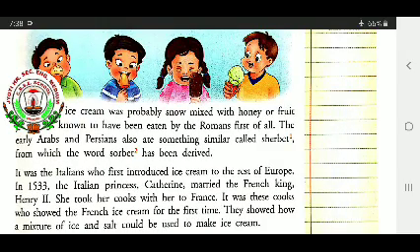Next, about the Italians, who were the first to introduce ice cream to Europe. Then, in 1533, after marriage, when Princess Catherine came to France with her cooks, people in France came to know about ice cream through these cooks.